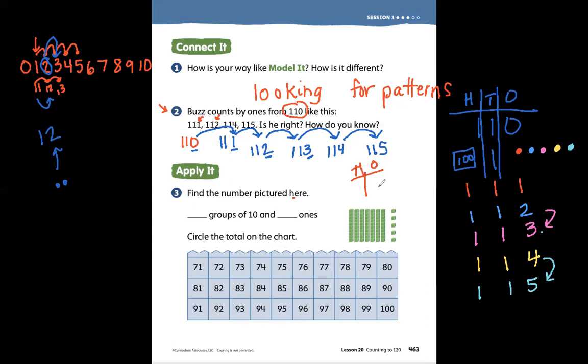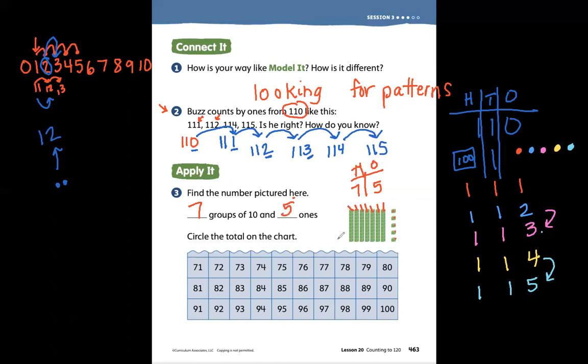Let's count how many 10 sticks we see. 1 ten, 2 tens, 3 tens, 4 tens, 5 tens, 6 tens, 7 tens. There are 7 tens and 1, 2, 3, 4, 5 ones. So we have 7 tens and 5 ones. There are 7 groups of 10 and 5 ones.